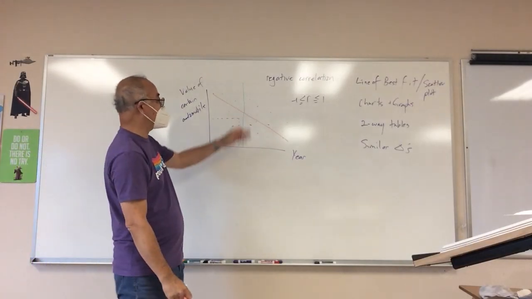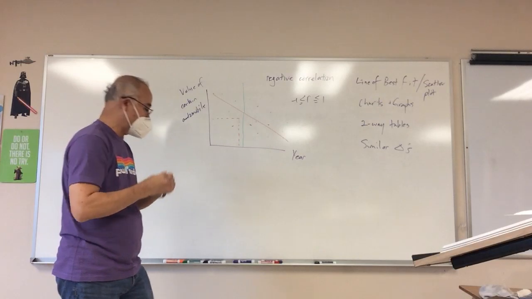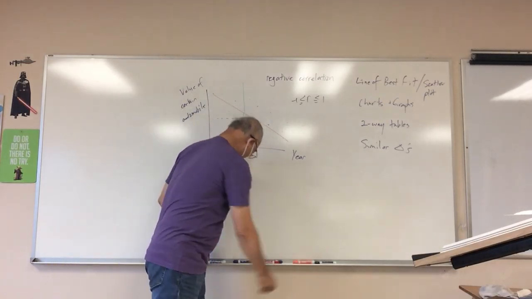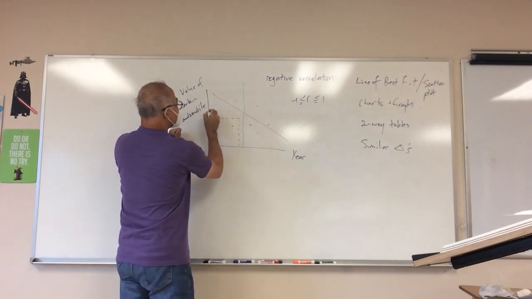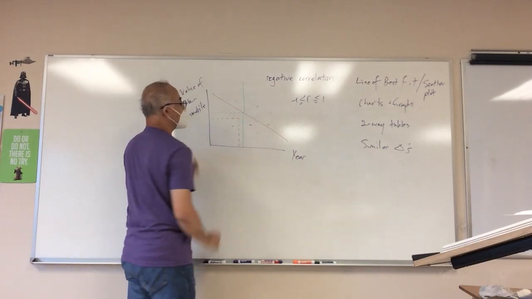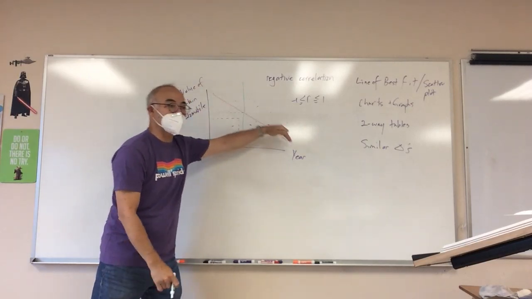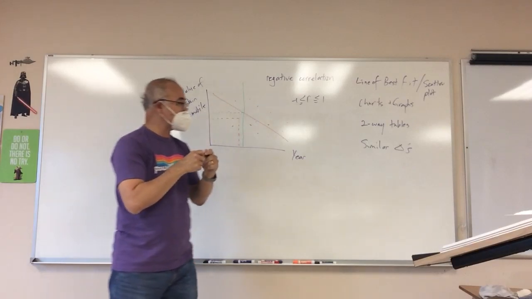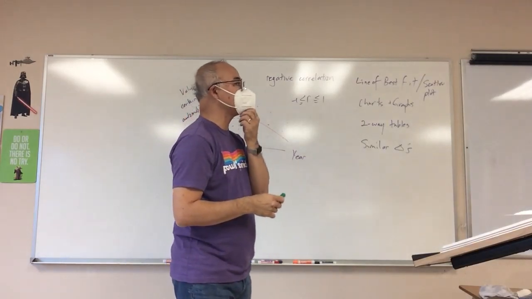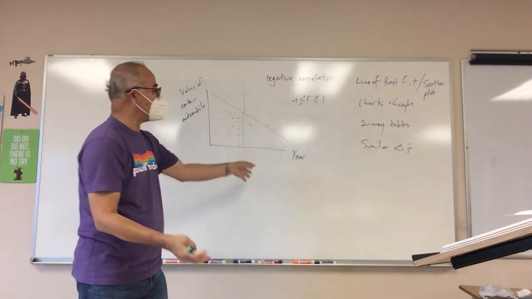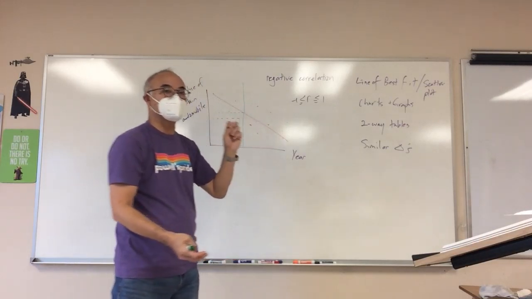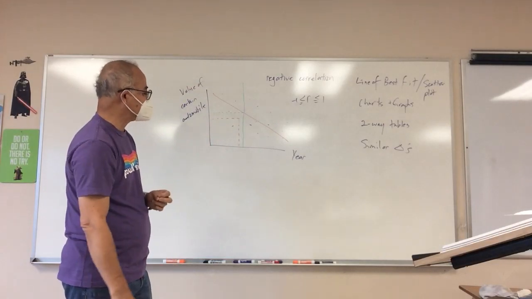But if I don't have a data point, I need to be able to predict or guess, right? And I would guess this value right here, based upon the line of best fit. So the line of best fit is something where you are trying to predict something where you do not have a data point. Okay, that's what line of best fit is for. Okay?